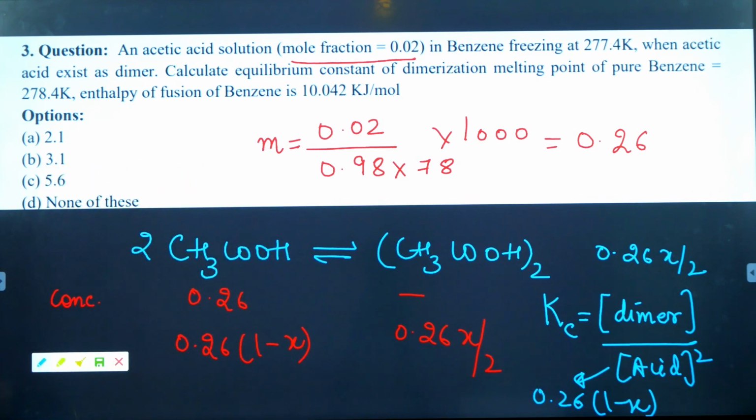So guys, please see the question again. You know the freezing point, and the melting point of pure benzene is also given to you. The enthalpy of fusion is given to you. I am sure this enthalpy of fusion of benzene is given to calculate the Kf of benzene, using the formula Kf = R Tf squared M upon 1000 delta Hf.